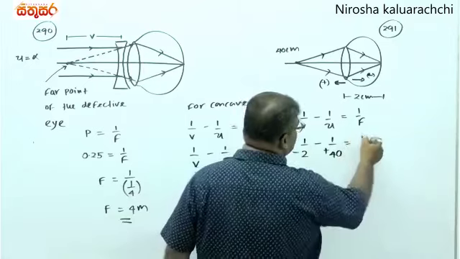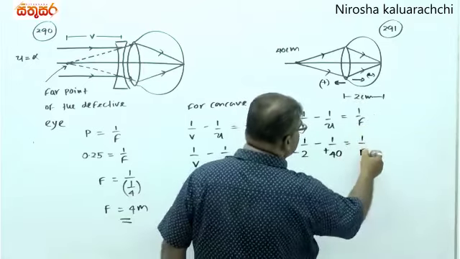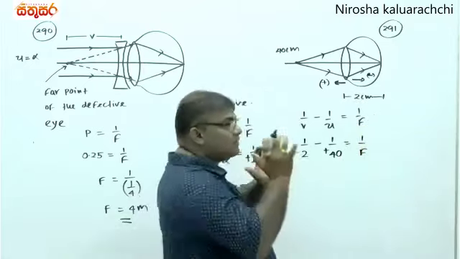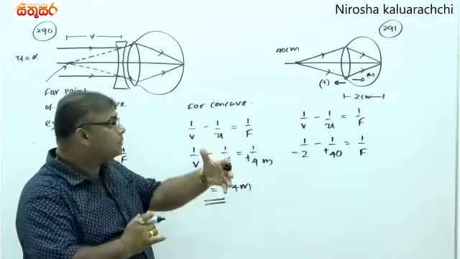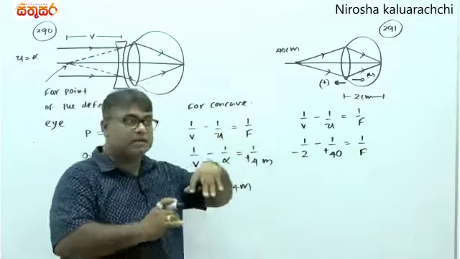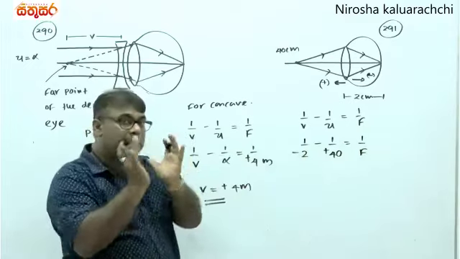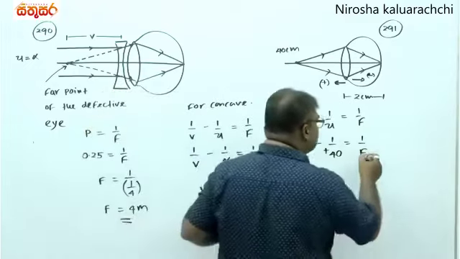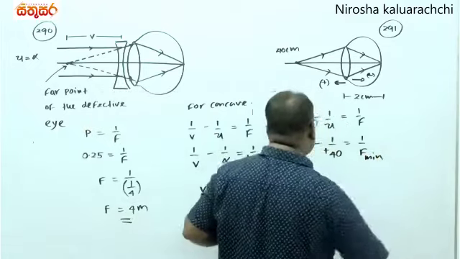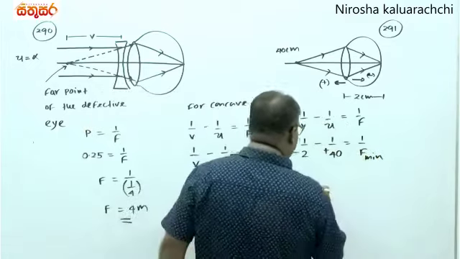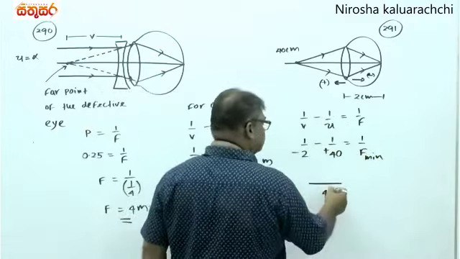Sign plus equal 1 over F, focal length. This could be the maximum curvature one. When you keep the object closer to the eye, curvature of the eye should be maximum. Then focal length should be the minimum one. It's minimum one here. Then we have common denominator here, 40.